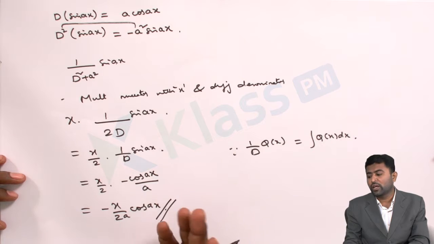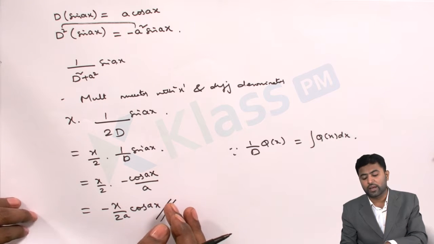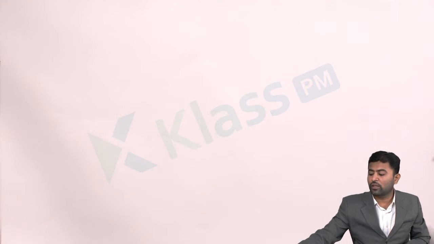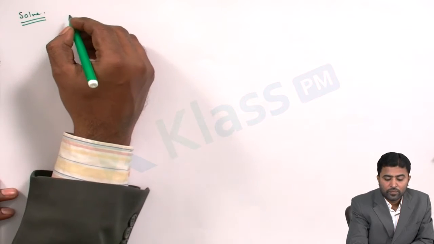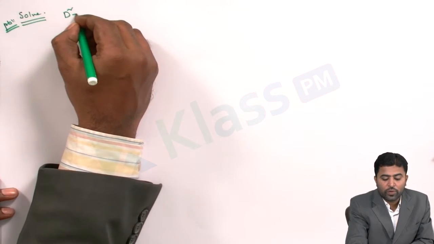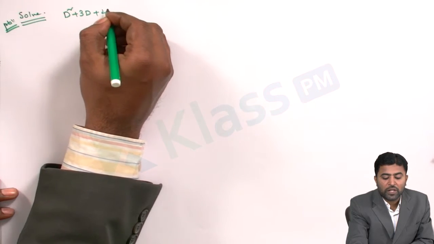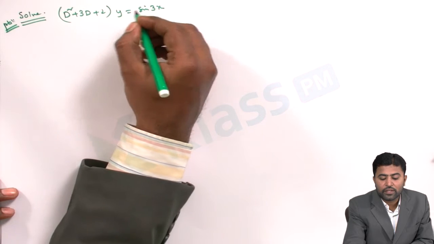In the similar way, we can also prove that 1 by D square plus a square cos ax is x by 2a sin ax. Now we'll see the problems based on this sin ax and cos ax. Solve problem 1. D square plus 3D plus 2 into y is equal to sin 3x.